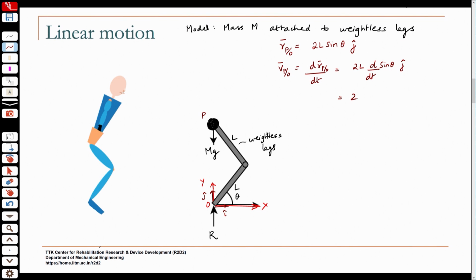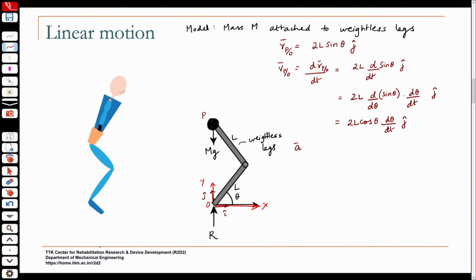This is equal to 2L d by d theta of sin theta into d theta by dt. So, this gives me 2L cos theta into d theta by dt along j. That is the velocity of this mass.